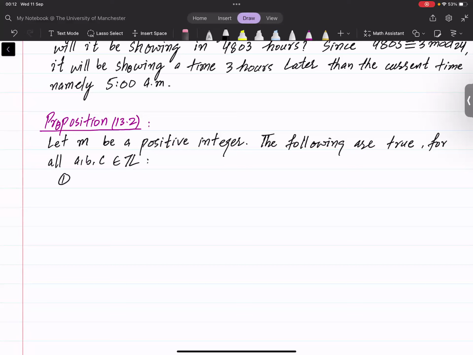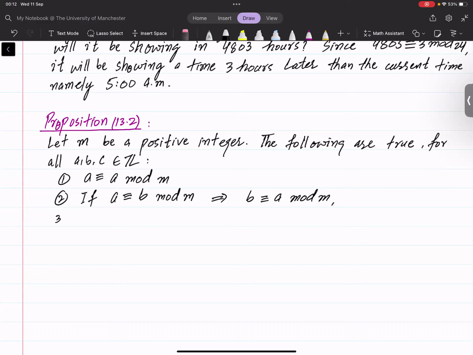Number 1 is a is congruent to a mod m. 2 is if a is congruent to b mod m, then b is congruent to a mod m.